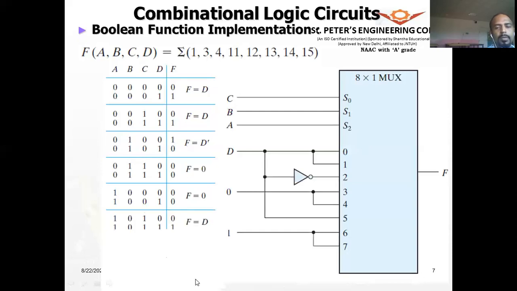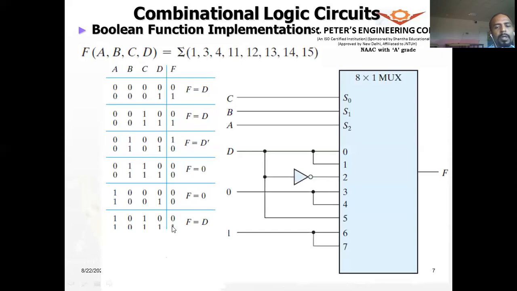Now for M10, it is also 0, and for M11, that is when A is 1, B is 0, and C is 1. When D is 0, it is M10, and when D is 1, it is M11. So output is M11.